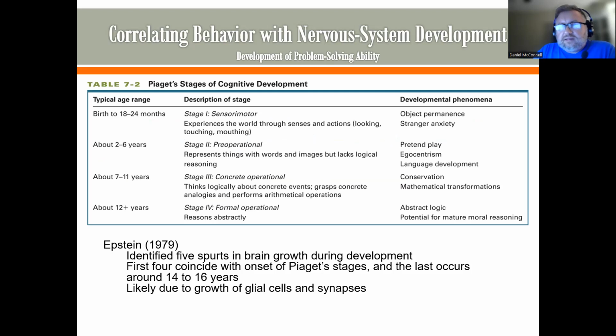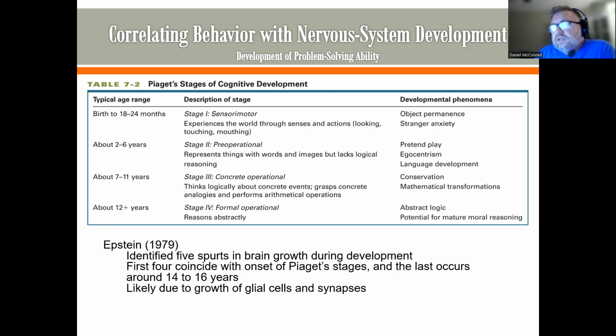So here's another example. Here we're going to appeal to some other known milestones in development, this time cognitive development. So Piaget gives us these fairly well-known 4 stages of cognitive development that occur in childhood. So the first couple of years of life, more or less, is known as the sensorimotor stage.